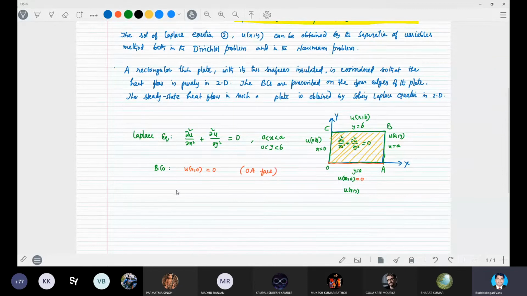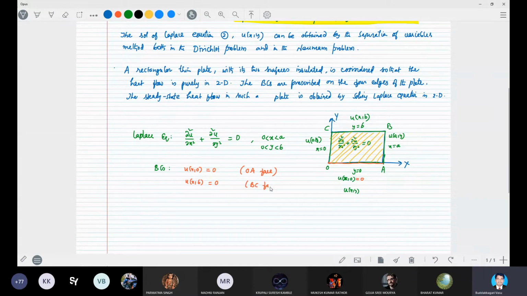Next, another face we will consider here, that is the opposite face BC, that is u(x, b) is equal to 0.